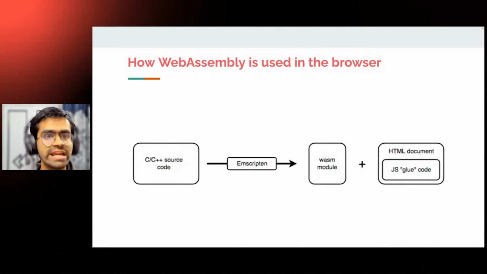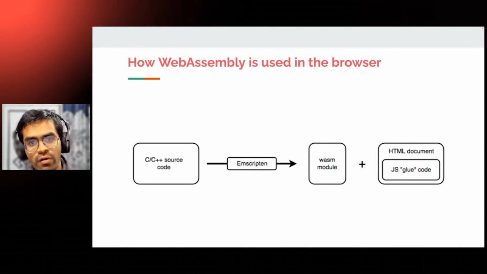The idea was to take your high-performance functions written in C++ or Rust and then use extensive toolchains. In this example, you can see that we can compile C++ source code into a WASM module using Emscripten. Once this WASM module has been generated, alongside some HTML or JavaScript code, it can be utilized inside your front-end application and run inside your browser application.